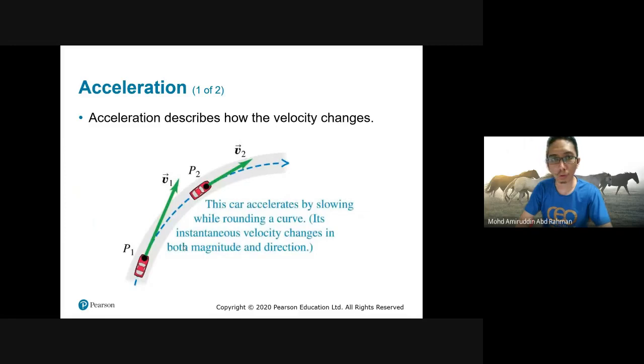Okay, so now we look at the acceleration. The acceleration describes how the velocity changes. So you look at the car there.